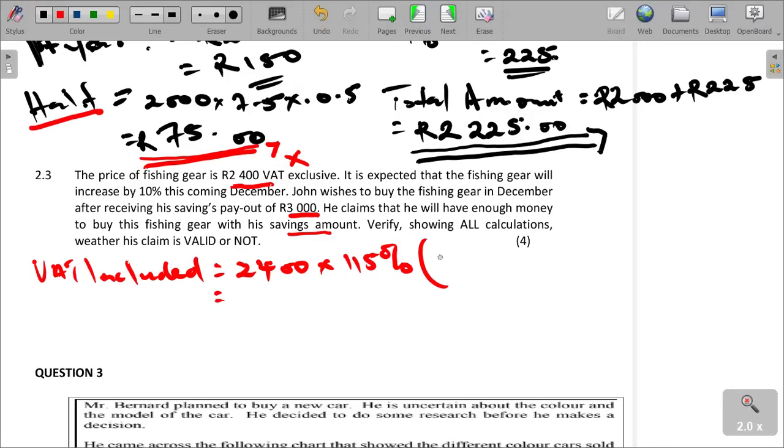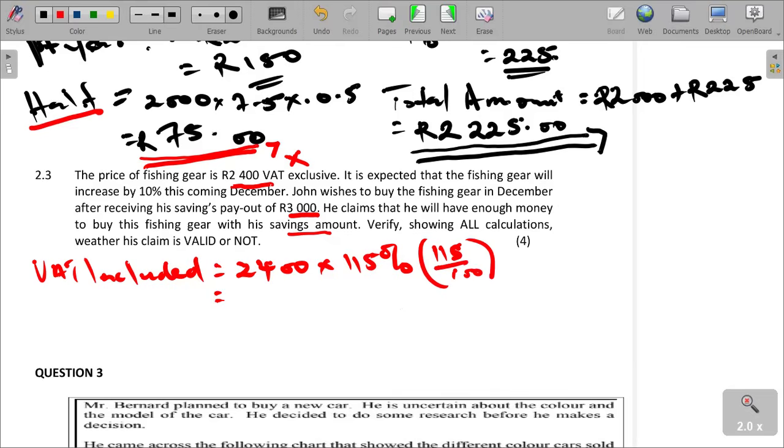I want you to understand that this can also be multiplied as 115 over 100, which is the same as a percent.